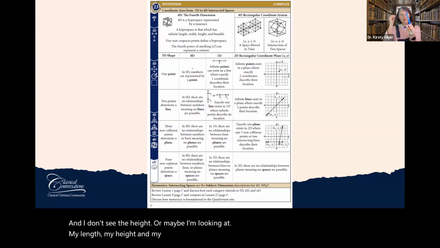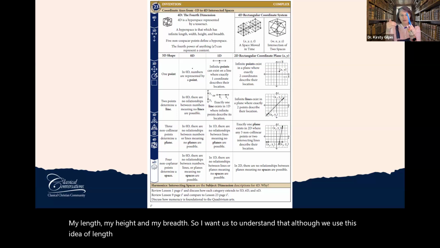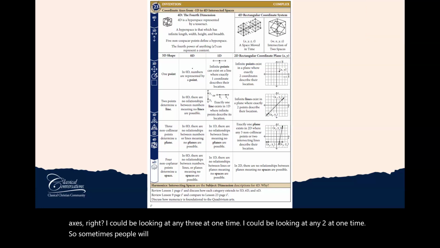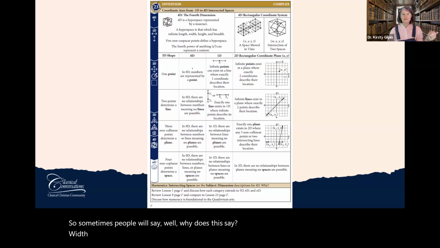So I want us to understand that although we use this idea of length, width, height, and breadth to name these first, second, third, and fourth dimensional axes, I could be looking at any 3 at one time. I could be looking at any 2 at one time. So sometimes people will say, well, why does this say width times length? Sometimes it might say width times height.